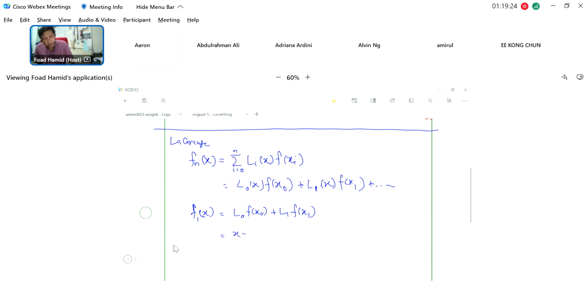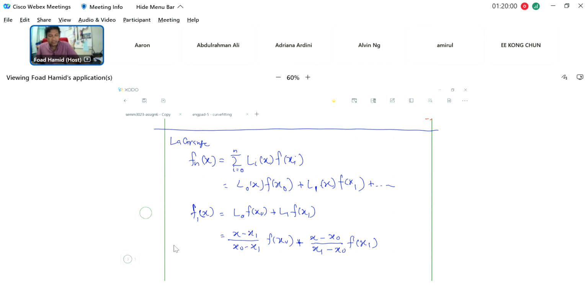L naught is just (x minus x1) over (x naught minus x1) times f(x naught), plus (x minus x naught) over (x1 minus x naught) times f(x1).